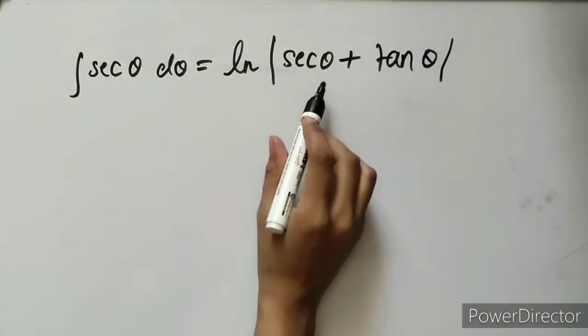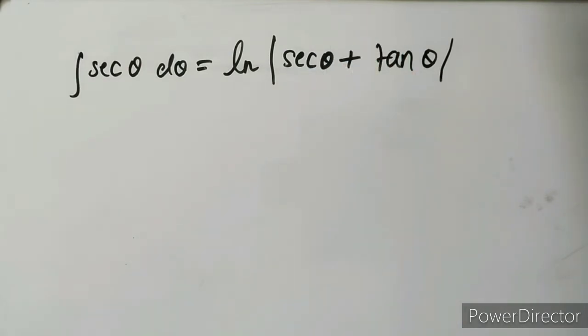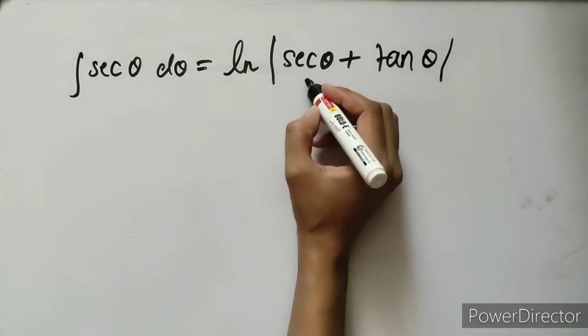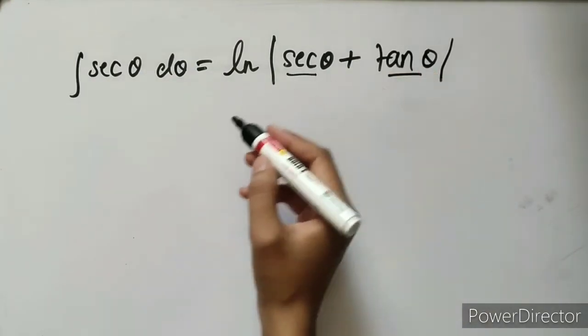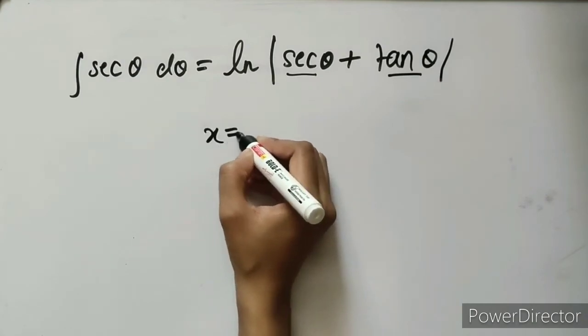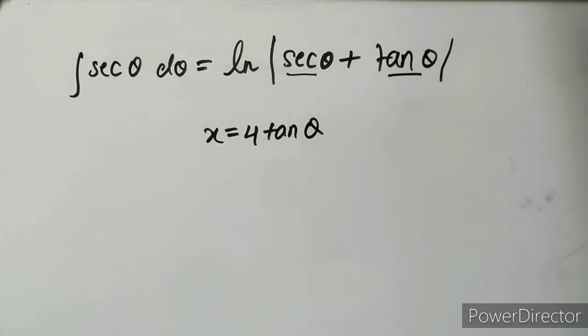Now you have to change this variable, theta, back to the original variable, and that is x. So you have to get the value of sec theta and tan theta. If you remember, we know that x is equal to 4 tan theta. We have substituted x as 4 tan theta.